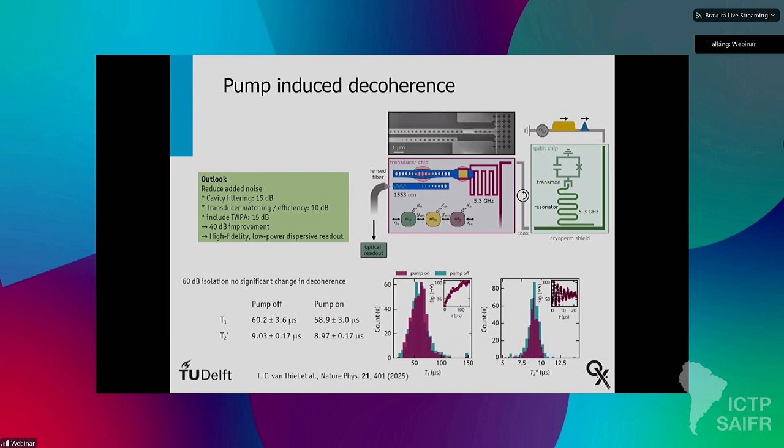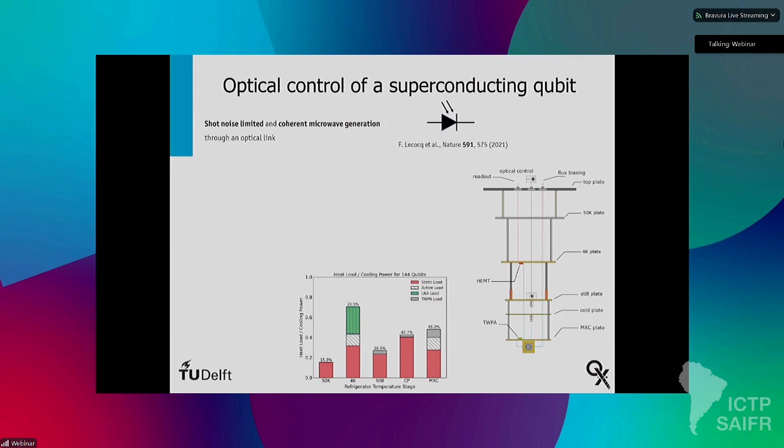Now, let me switch gears really quickly in my last 5 minutes or so and look at the photodiode approach that can allow you to get rid of some of this passive heat load. As you can see here, I replaced the input coax lines here with an optical fiber. An optical control system has a laser here, and then it's converted back into an RF signal here at the bottom.